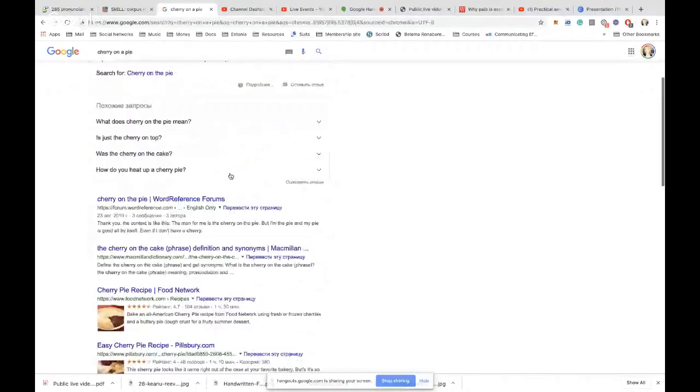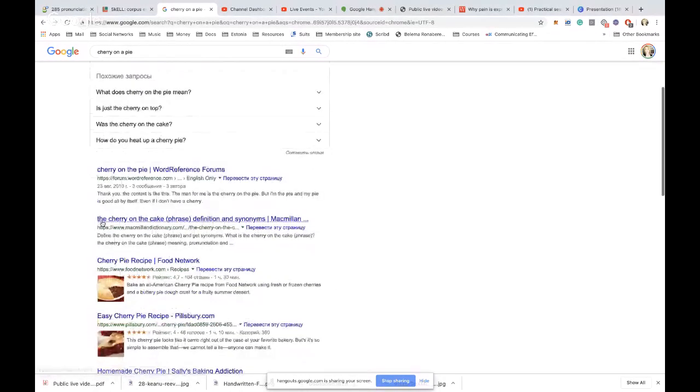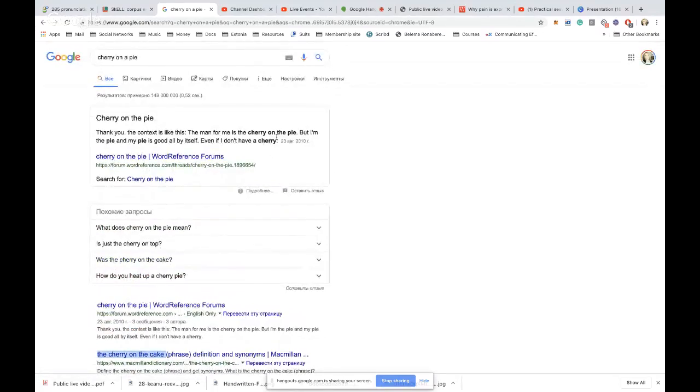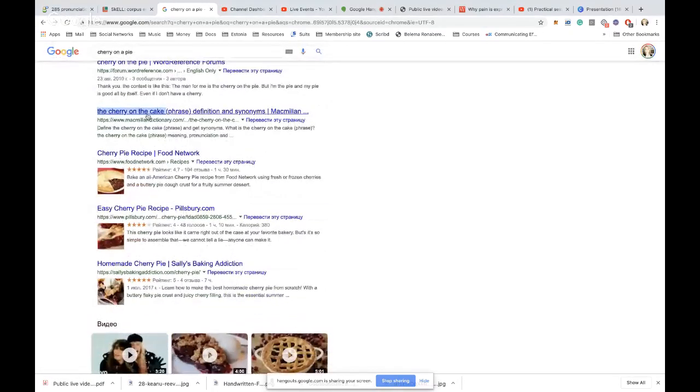WordReference also says cherry on the pie, but this is what I heard more often, and from Macmillan Dictionary, the cherry on the cake, not the pie, but the cake. First I can see that WordReference says the pie is fine, but the dictionary says the cake, so it's the cherry on the cake.